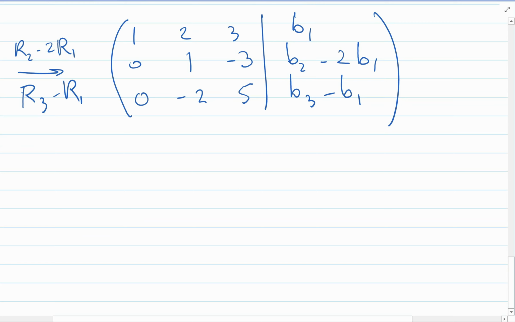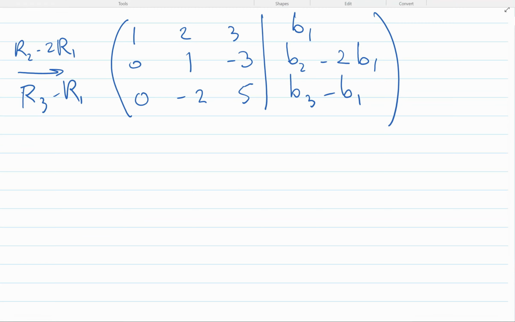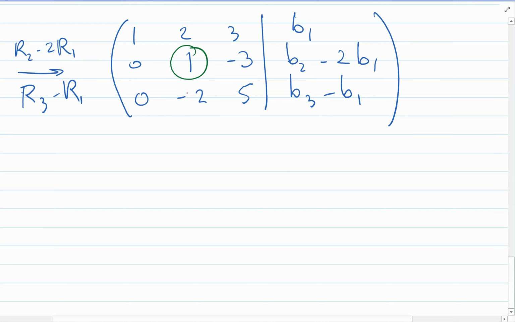Okay, next we use now these leading coefficients, and we want to remove this one here by using the elementary operations. So for that, we are going to take R3 plus 2R2, the second row. So this will give me what?